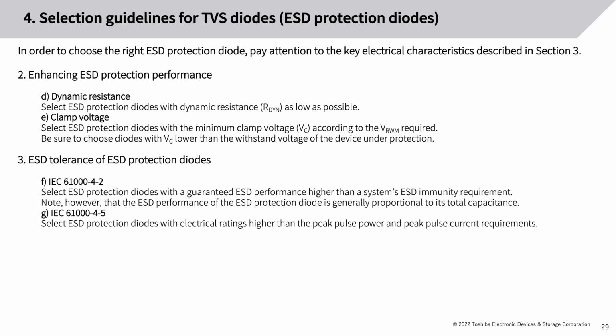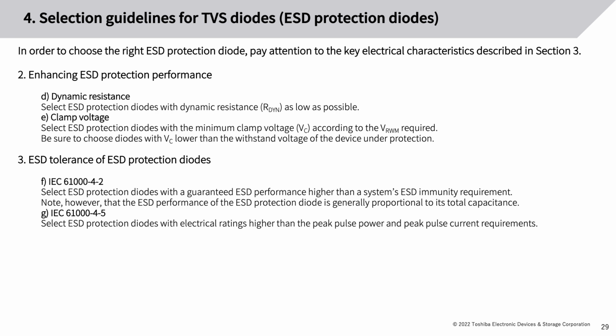Enhancing ESD protection performance. D. Dynamic resistance. Select ESD protection diodes with dynamic resistance as low as possible. E. Clamp voltage. Select ESD protection diodes with the minimum clamp voltage, VC, according to the VRWM required. Be sure to choose diodes with VC lower than the withstand voltage of the device under protection.